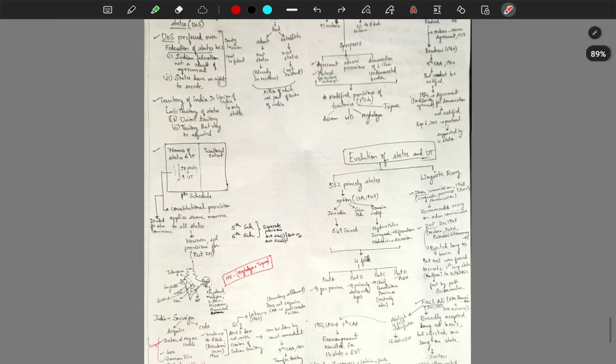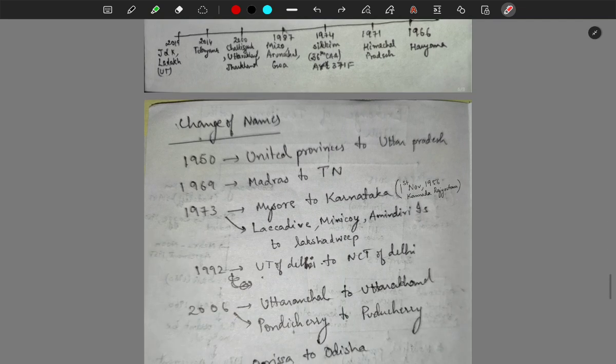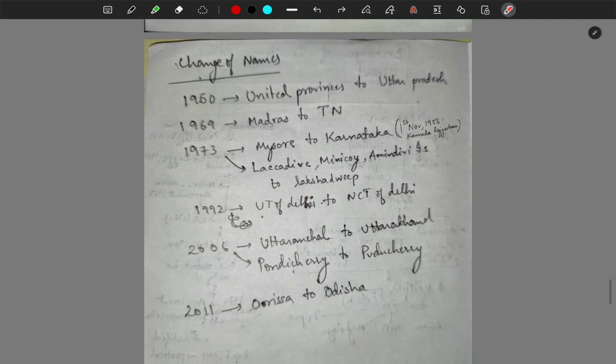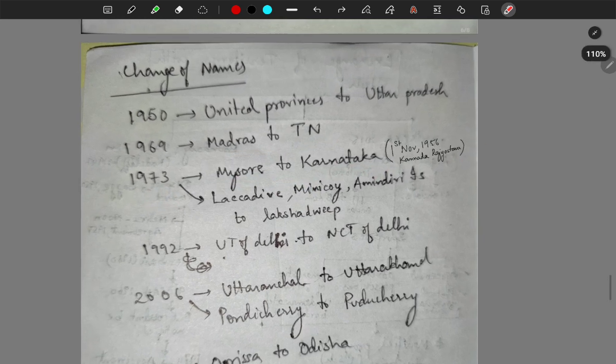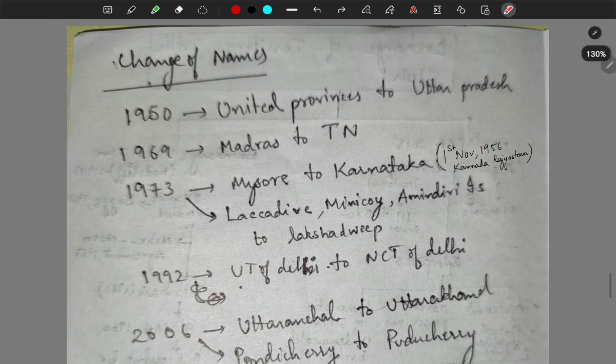Apart from that, there were some changes in names. In 1950, United Provinces was changed to Uttar Pradesh, and in 1969, Madras was changed to Tamil Nadu. In 1973, Mysore was changed to Karnataka, and there is also one more significance: on 1st November 1956, we celebrate Kannada Rajyotsava.